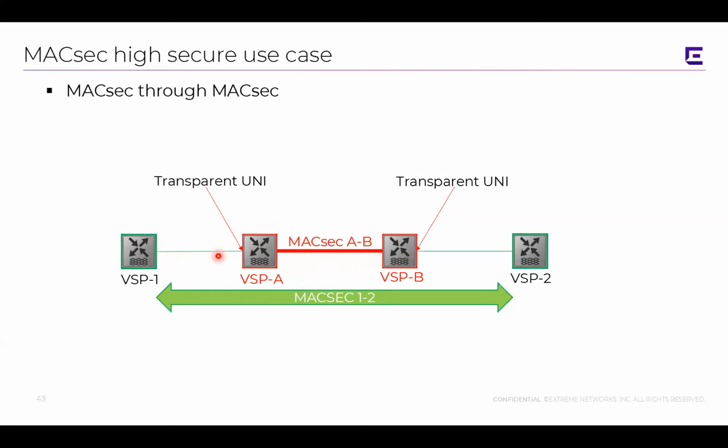They don't trust the red organization that is using the MACsec. But it can be configured in an easy way that it is possible to pass the MACsec between VSP 1 and 2 through the whole network, which is inside, again, protected by MACsec. So it is kind of MACsec inside the MACsec thing.